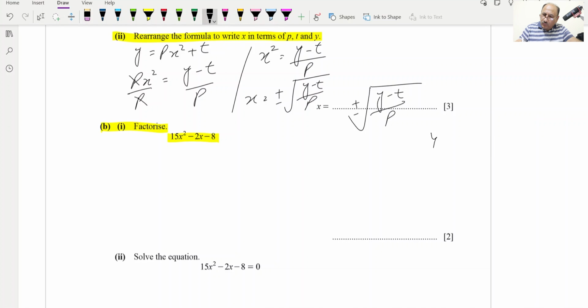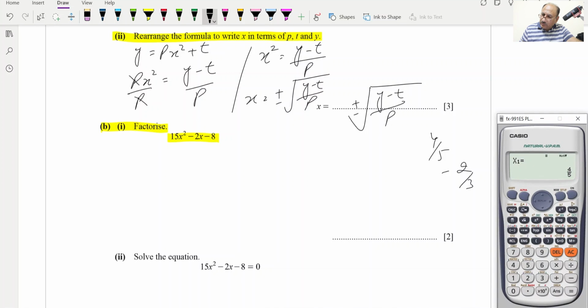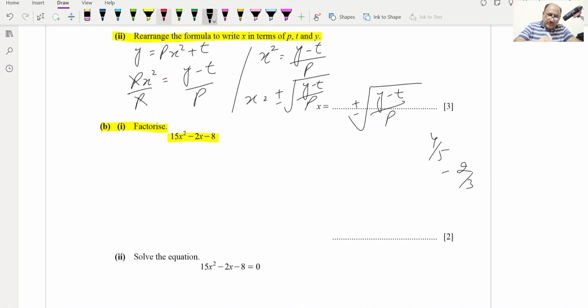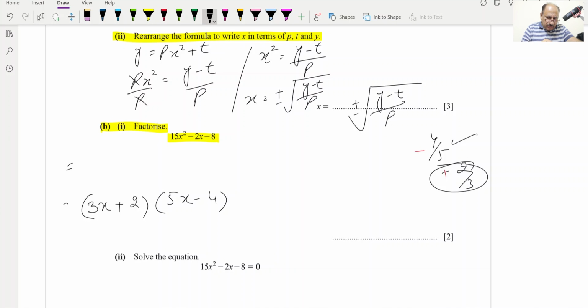So 4 over 5 and minus 2 by 3, these are the two values which we have received from the calculator. Now we will change the sign, minus this one and plus this one, and we can write the equation. So from this one we can write 3x plus 2, and from this one we can write 5x minus 4, and we can write the intermediate step also.